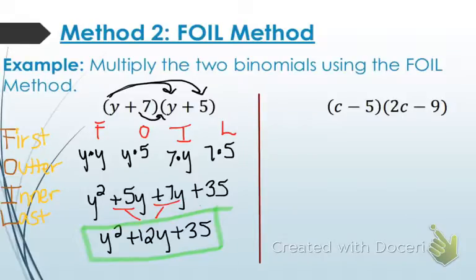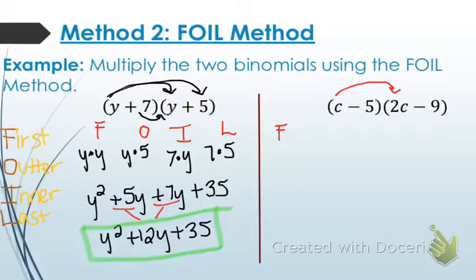FOIL stands for first, outer, inner, last. So I'm going to copy this again, even though it's not necessary, just so you understand where I'm getting these numbers from. So we start with F, and it is the first term times the first term.